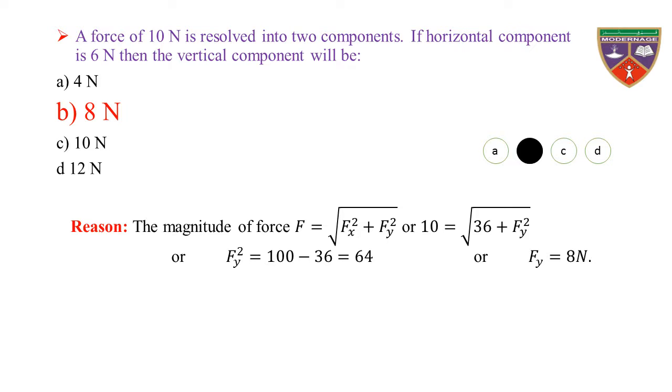Reason. The magnitude of force F is equal to square root of Fx square plus Fy square, or 10 is equal to square root of 36 plus Fy square, where 36 is the square of 6 Newton, or Fy square is equal to 100 minus 36, which is equal to 64.